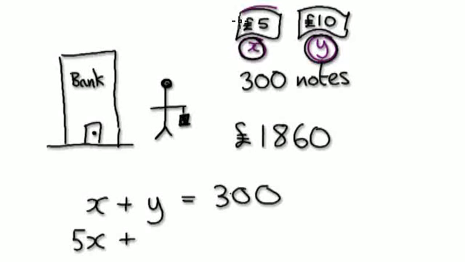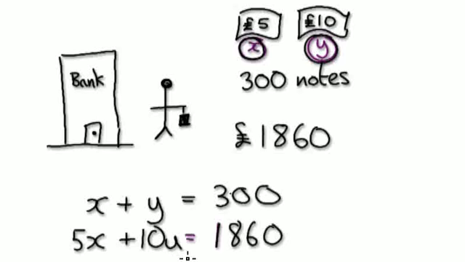You get the value of this, add it to the value of this, and it should give you 1860. So 5x plus 10y. Because here we are looking at the number of notes, and here we are looking at the value of all the notes.